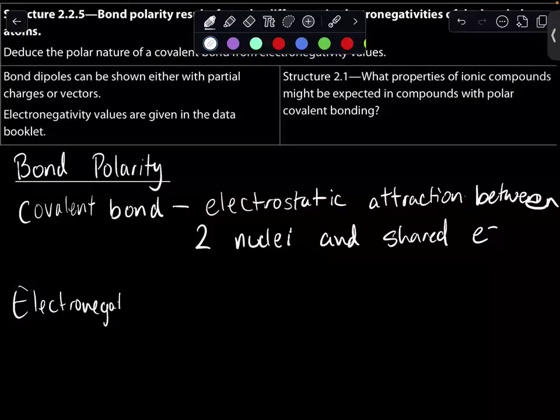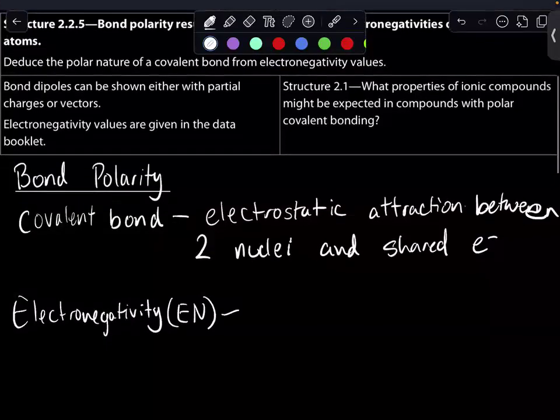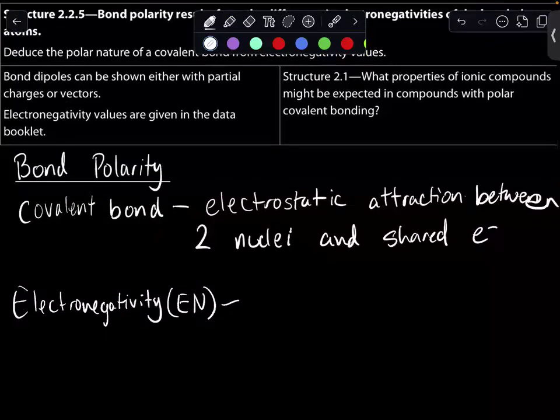Now, with electronegativity, which I will abbreviate to EN for the rest of this, we did discuss this in lesson 30, where we talked about the trends and what it is.